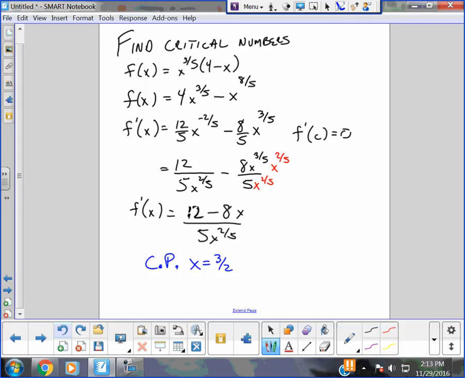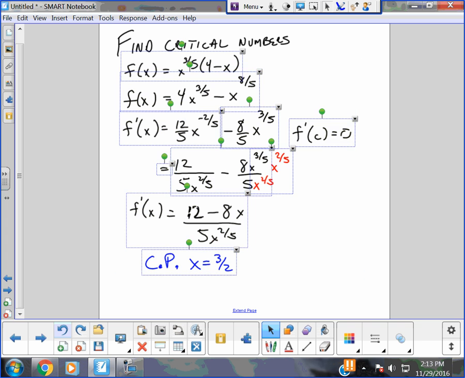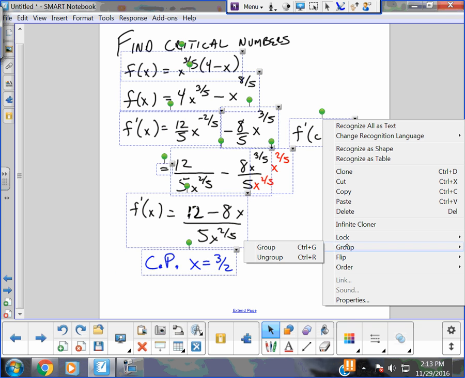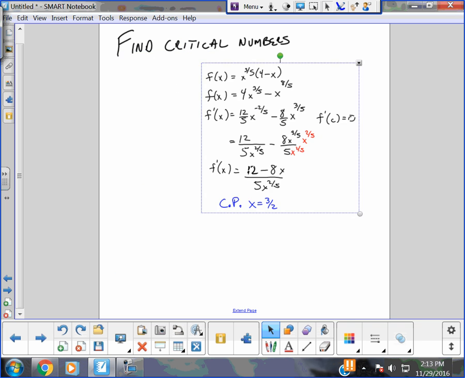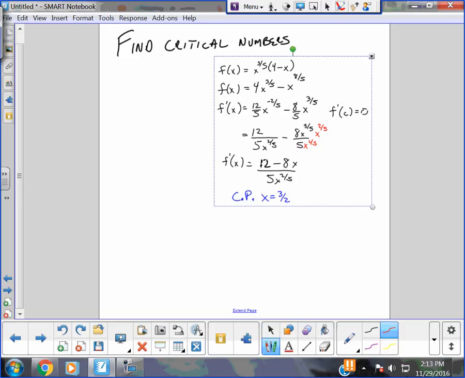Now, this would be the only part of the assignment. To tie this kind of back to what we've been doing, I always like to show a picture. All right? So I took a couple seconds in my notebook when I did this problem, and I figured out a couple things.